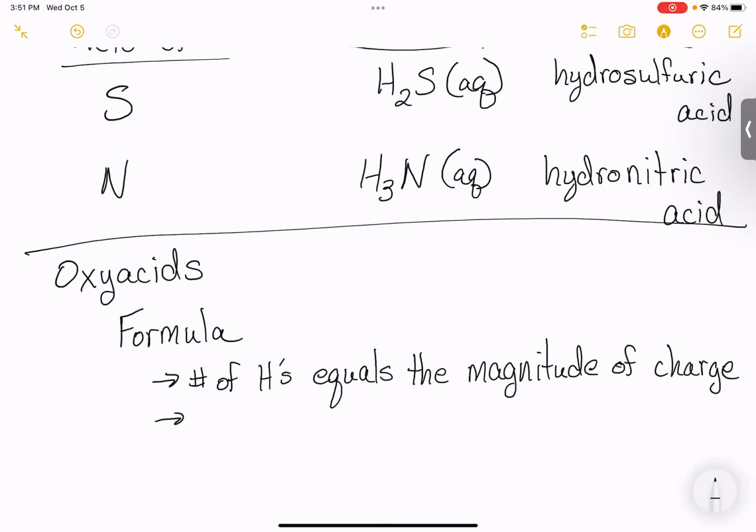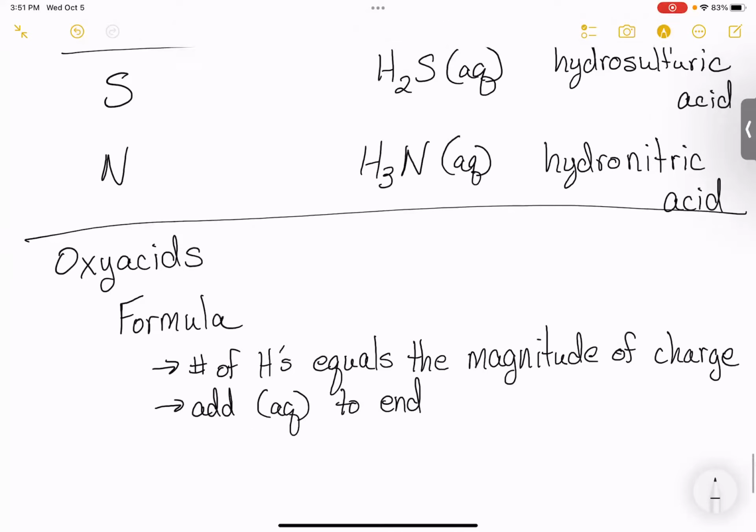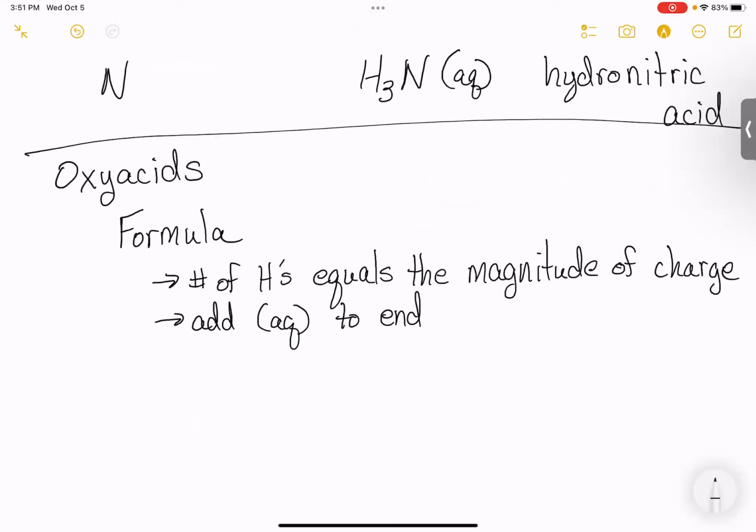And then again, add AQ to the end. That's the easy part. Hard part, well, actually, none of it's easy unless you have your polyatomics memorized. You gotta know your polyatomics or you're not gonna be able to name the acids. You gotta know the formula, you gotta know the name.